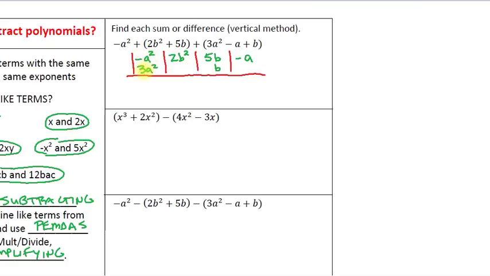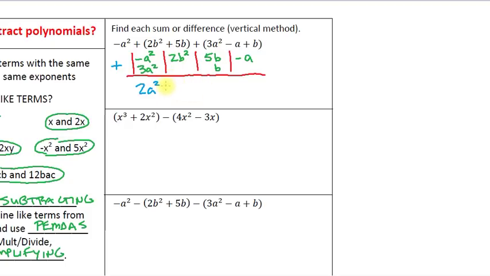Negative a squared plus 3a squared: negative 1 plus 3 is positive 2, that's 2a squared. Notice that the variable doesn't change, what changes is the coefficients. We take the coefficient negative 1, add 3 to it, and that's positive 2.